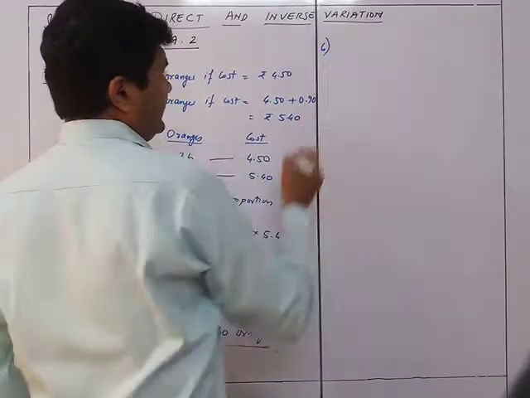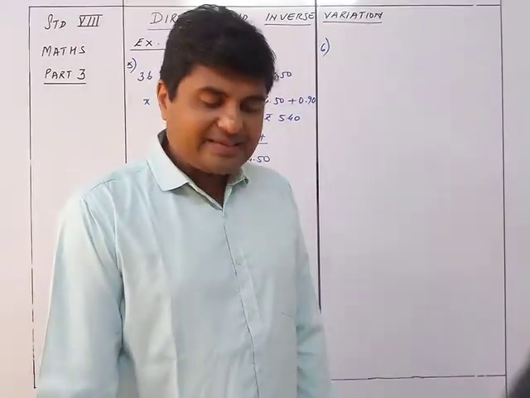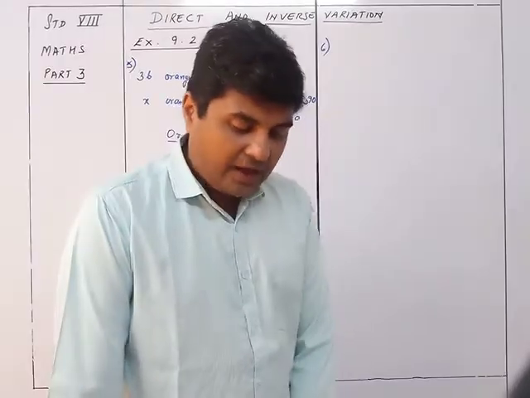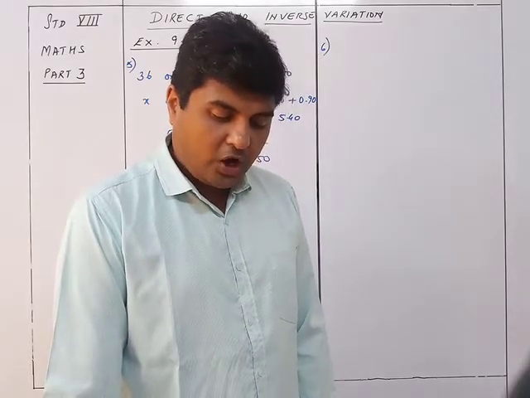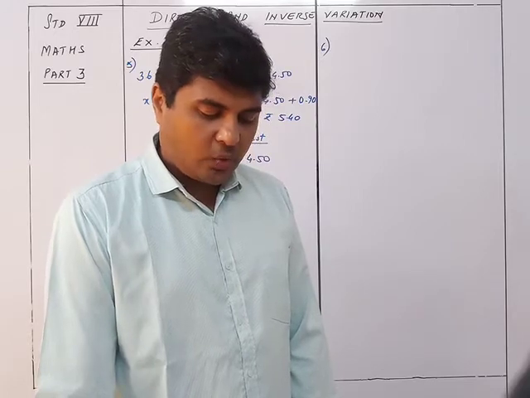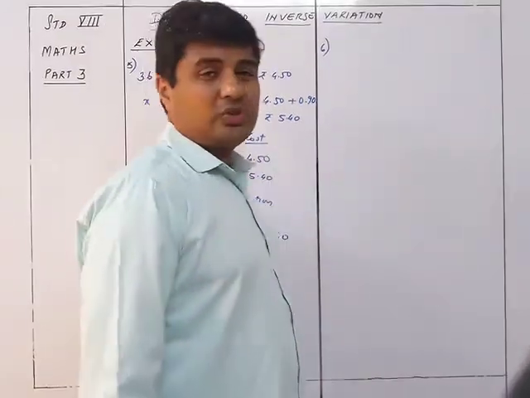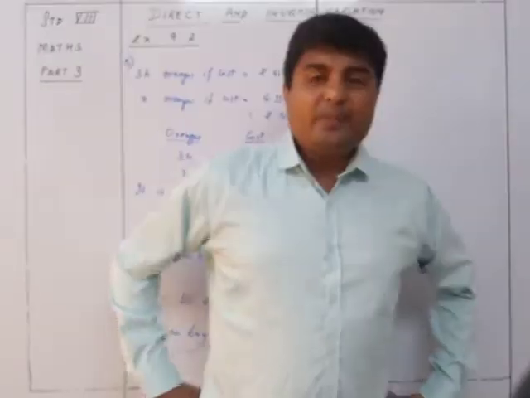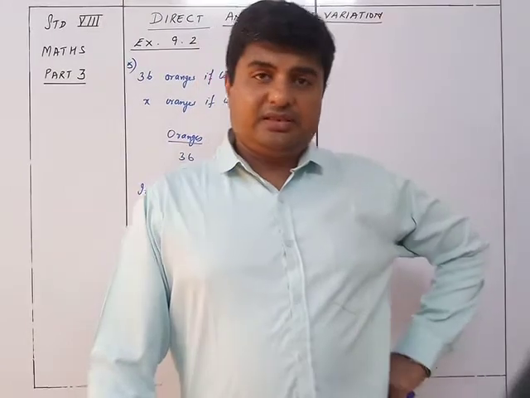Okay, sum number 6. It takes 8 days for 12 men to construct a wall. How many men should be put on the job if it is required to be constructed in 6 days? Okay, so we have got that if 12 men are working, the time taken to build the wall is 8 days.